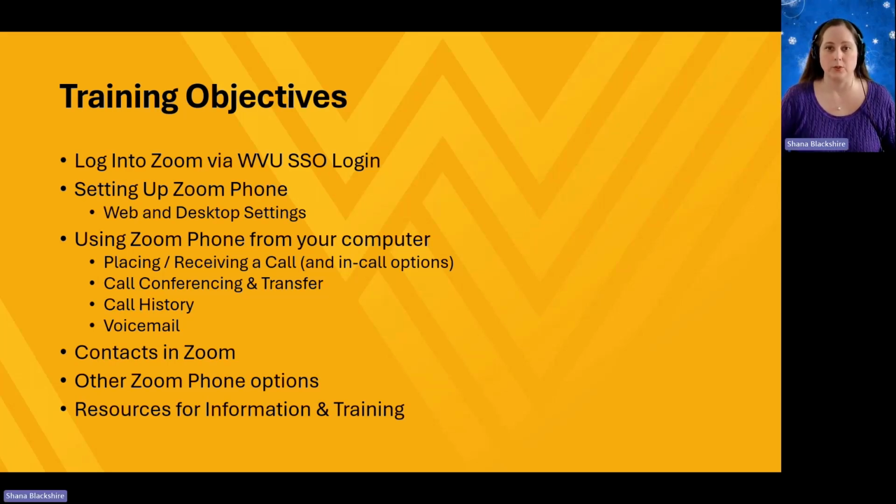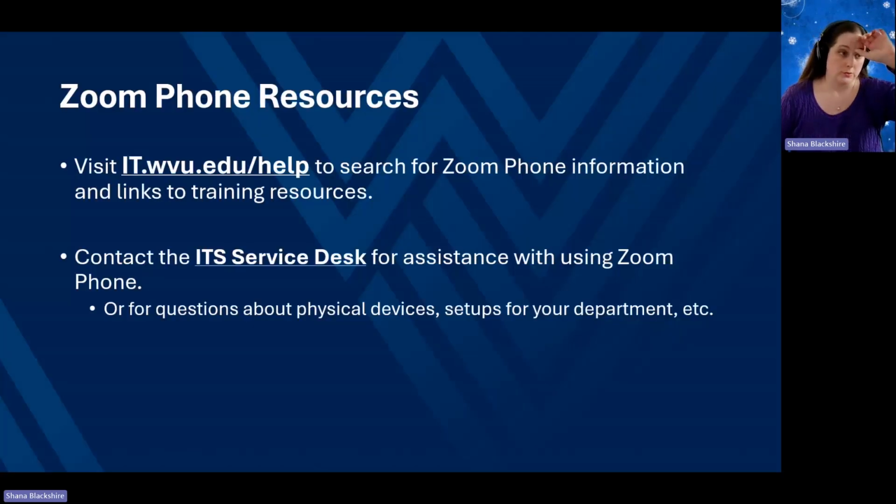All right, so I'm going to go ahead and share those links with you. In our IT knowledge base, which you can find at it.wvu.edu/help, you'll find some basic information about Zoom phone. There's an FAQ and a few guides and articles, as well as links to Zoom's information.